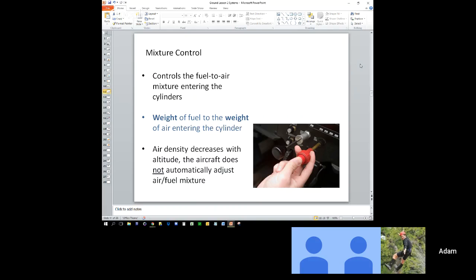As you go up in altitude, air gets less dense, so effectively your engine is seeing less air. Consequently, the pilot needs to make sure that the engine sees less fuel to compensate for that less air. Otherwise, you'd be dumping way too much fuel in your engine. Your engine would be running what we call rich. Does that make sense? Yeah.